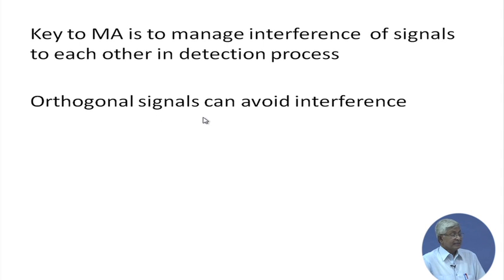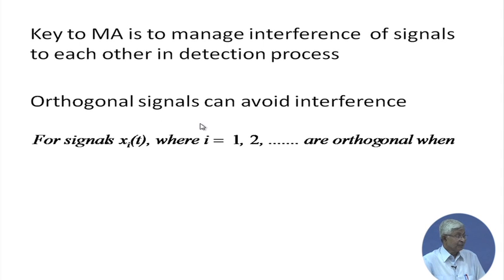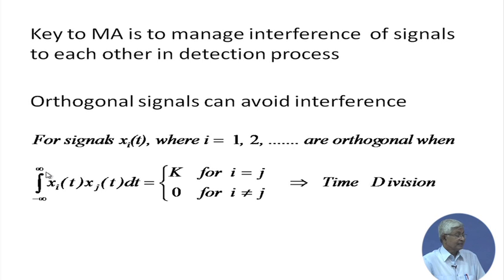Orthogonal signals can avoid the interference. Mathematically, for analog signals x_i(t), where i could be 1, 2, 3, they are orthogonal if the integral over infinity of x_i(t) times x_j(t) dt equals k when i equals j, and equals 0 when i is not equal to j.